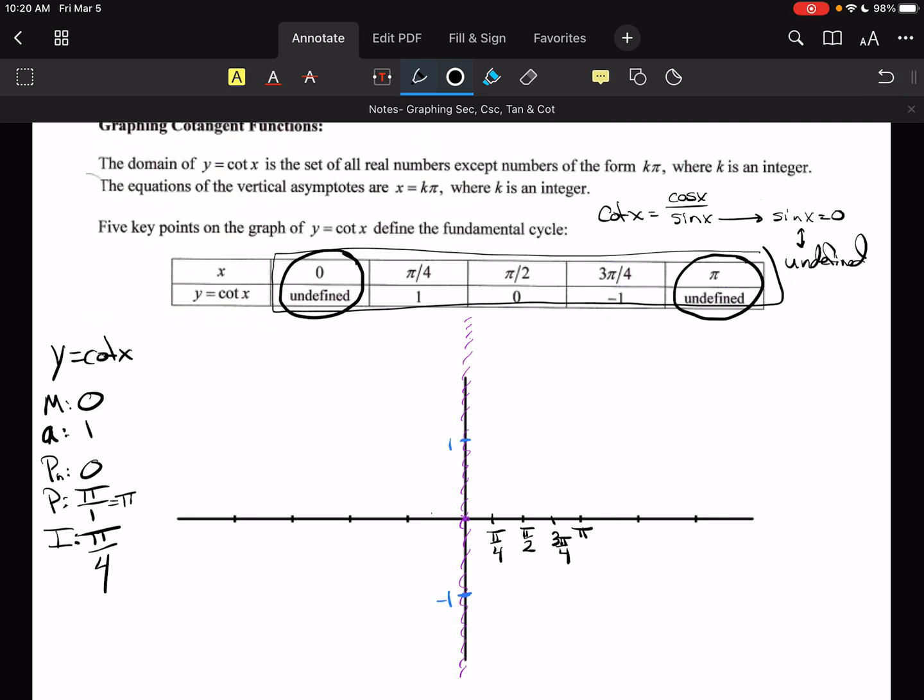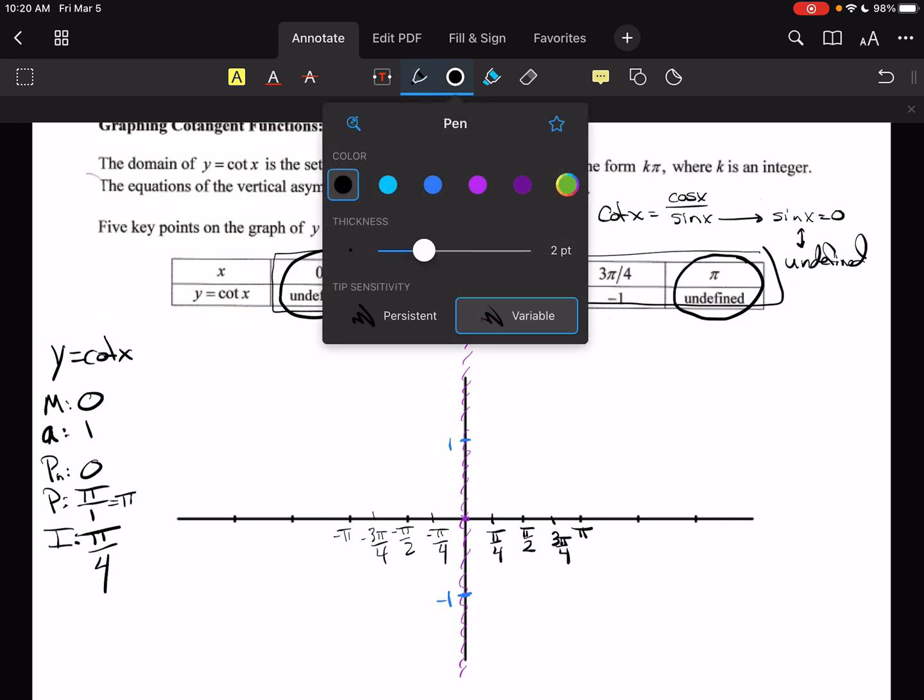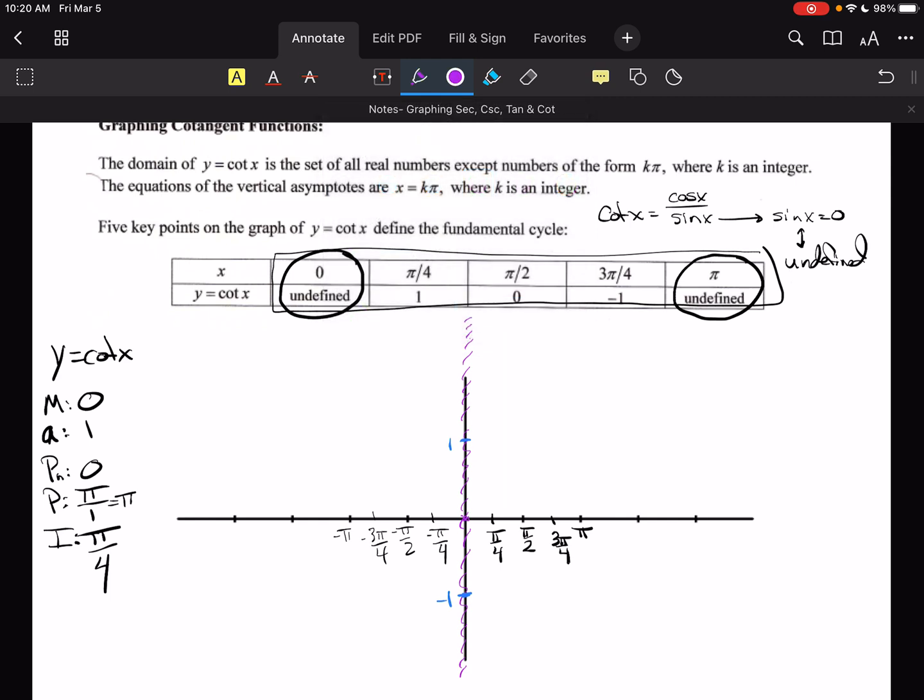Going negative, negative pi over 4, negative pi over 2, 3 pi over 4, negative pi. So, just focusing on the table, undefined at 0, pi. If I went to 2 pi, it'd be undefined there, on and on. So anywhere I see pi is where I'm going to have an asymptote.